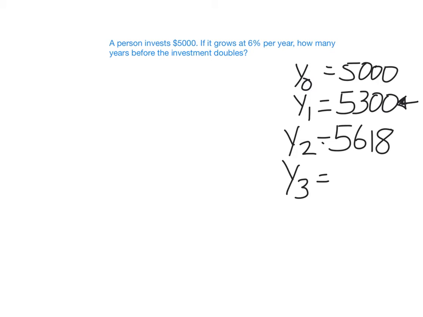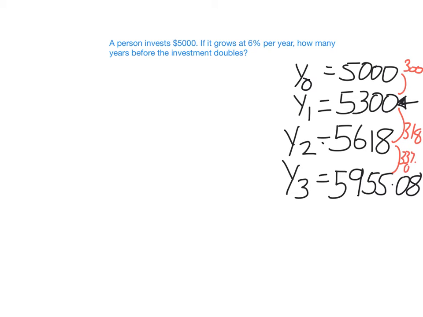So if I take 6% of 5,618, it increases by $337.08. So this will become $5,955.08. So here, it increased by 300 there, it increased by 318, and it increased by 337.08, okay?